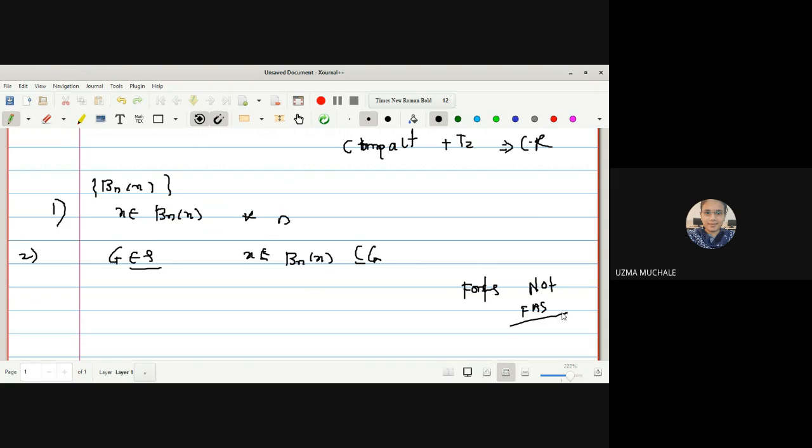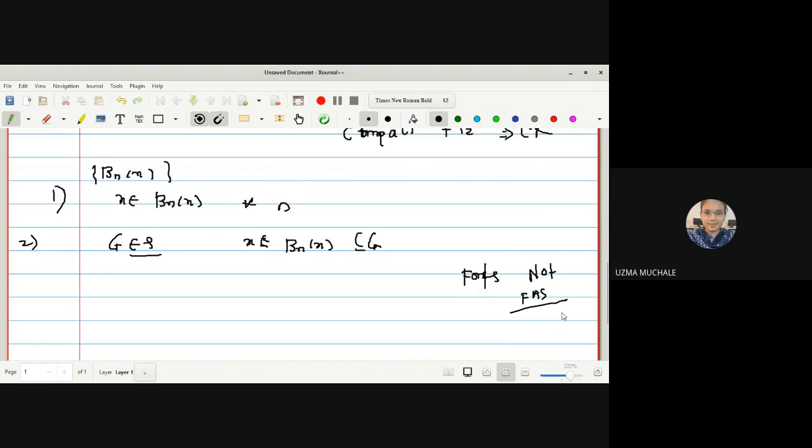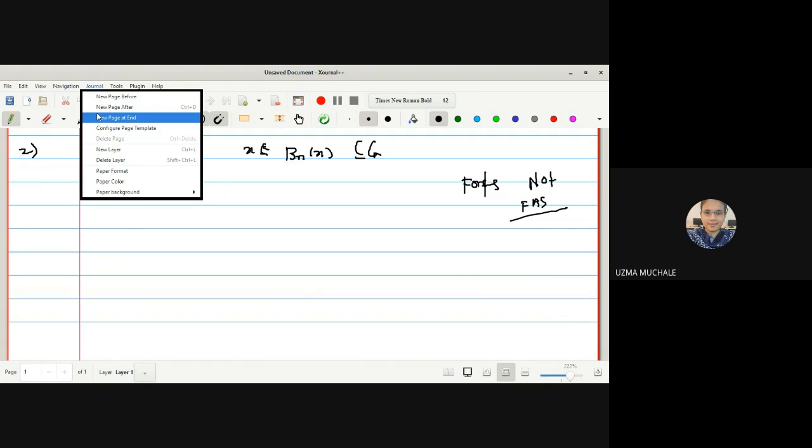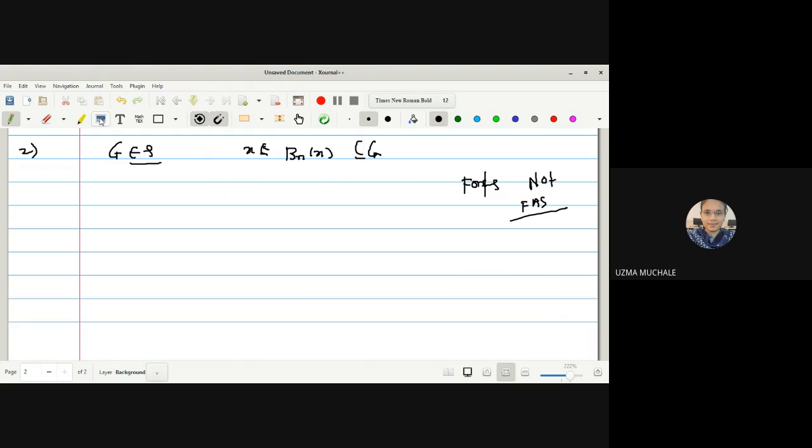And what is the definition of a second axiom space? In short, the definition of a first axiom space is that we should have a countable local base, and you know very well what a local base is. But in the second axiom space, we should have a countable base. Just like we have discussed for the usual topology, we have a base.